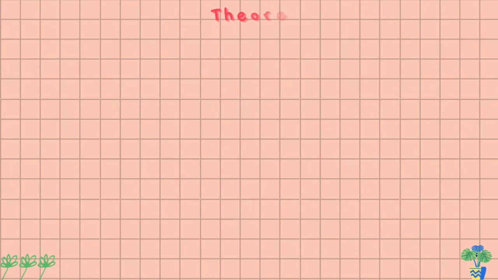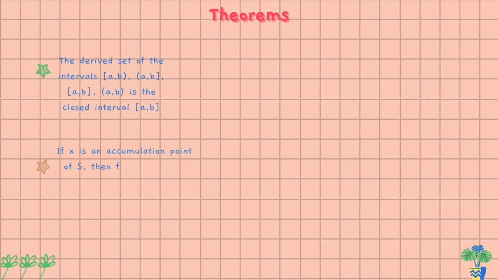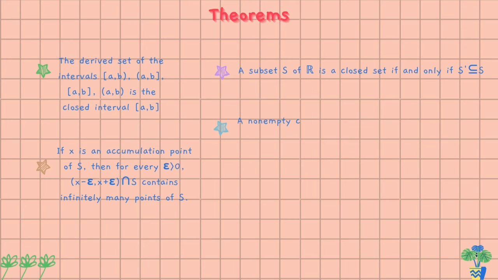Now we are going to talk about the theorems for accumulation points. The first one, the derived set of the open, closed or neither interval (a, b) is the closed interval [a, b]. The second one, if x is an accumulation point of S, then for every epsilon greater than 0, the open interval (x minus epsilon, x plus epsilon) intersect with S contains infinitely many points of S. The next theorem states that a subset S of R is a closed set if and only if S prime is a subset of S. Next, a non-empty closed and bounded set of R has a maximum and minimum.